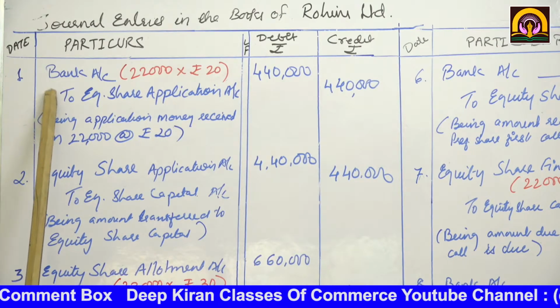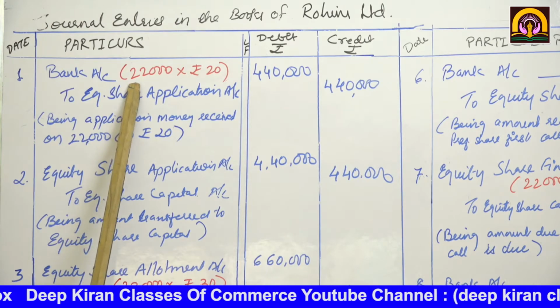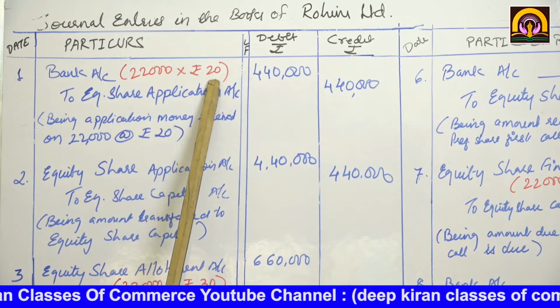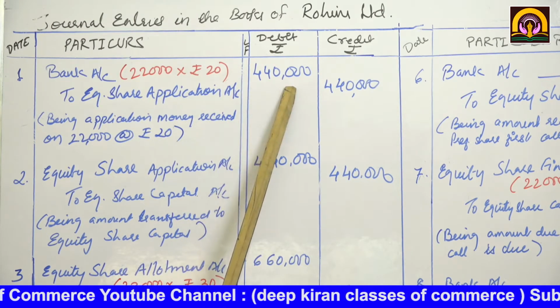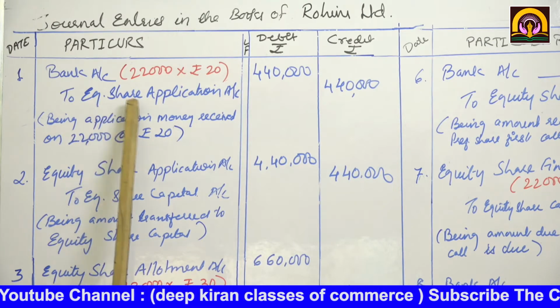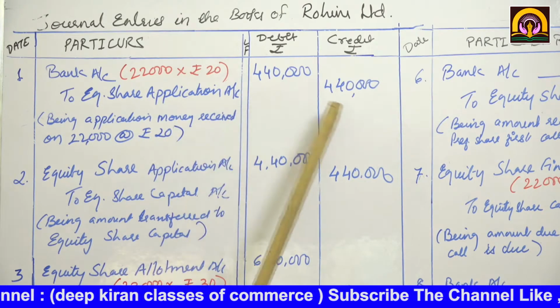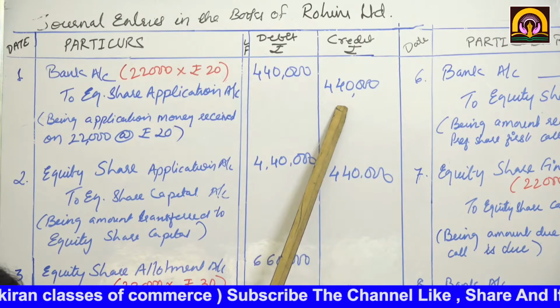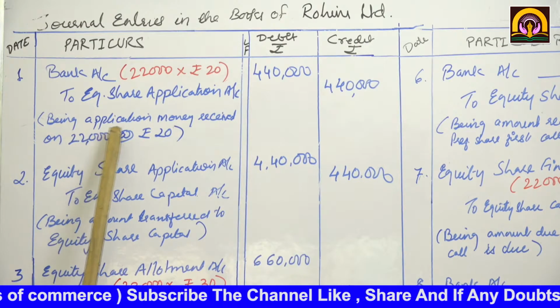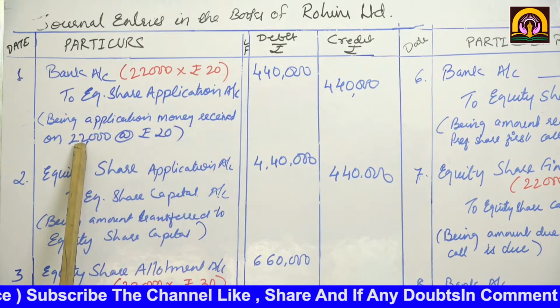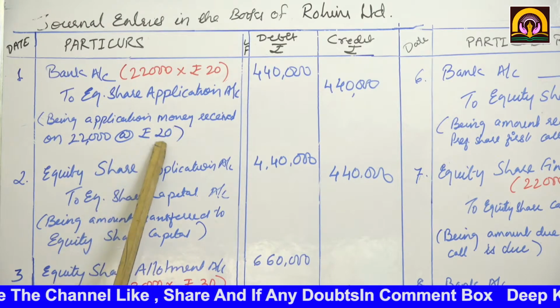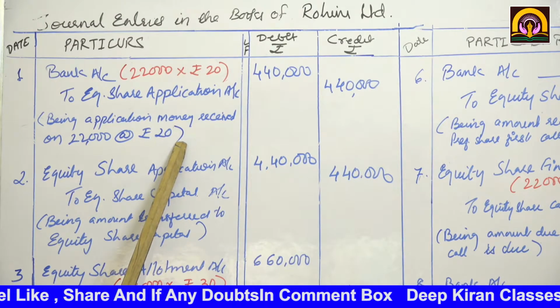So bank account debit, 22,000 into rupees 20, 4,40,000, to equity share application account 4,40,000. Being application money received on 22,000 shares at the rate of 20 each.